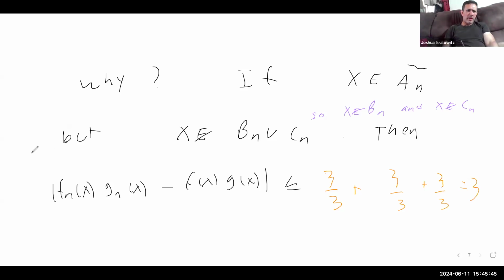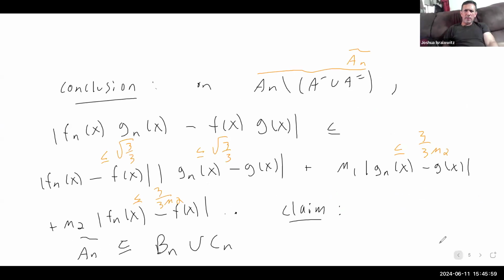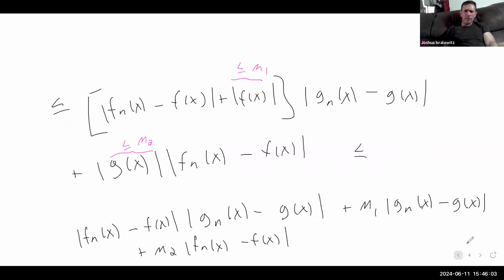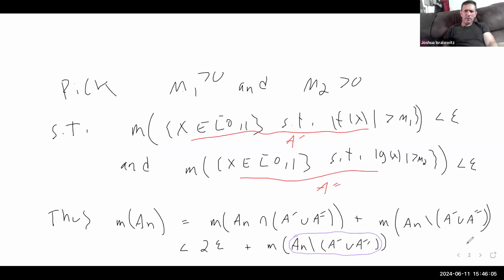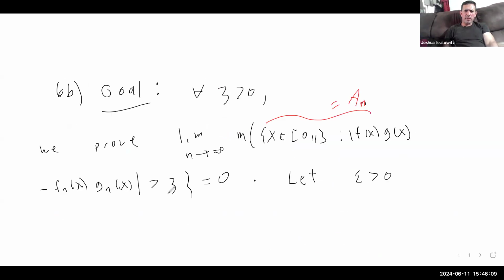Okay, so that means that x is not in A_n tilde. If we're in A_n tilde, we have to be in A_n. And if we're in A_n, this is bigger than eta.